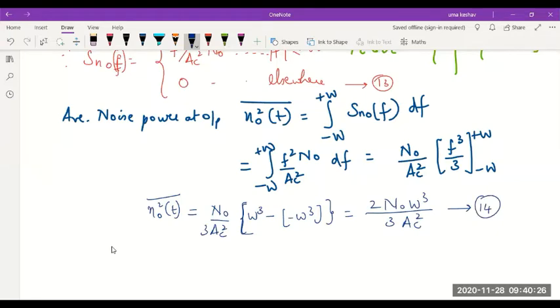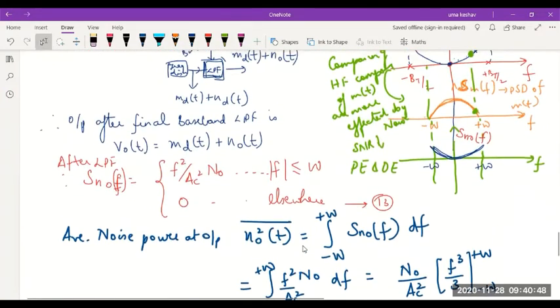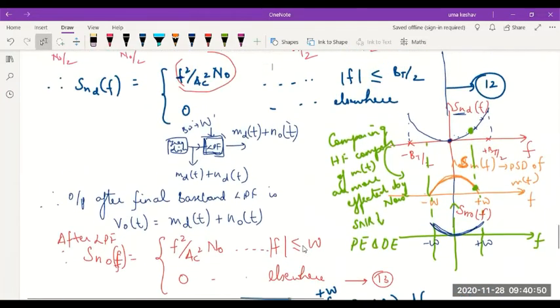Now what should I find? Based on this, let me find, therefore, signal to noise ratio on the output side is detected signal power MD square t by detected noise power N0 square t. Detected signal power, we had done it yesterday. How much did we get?